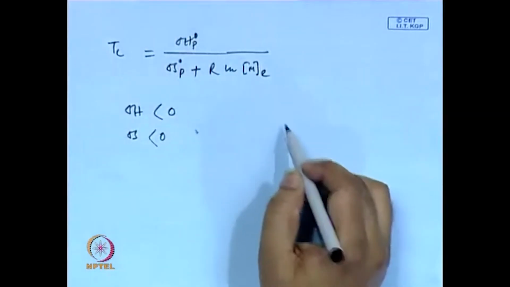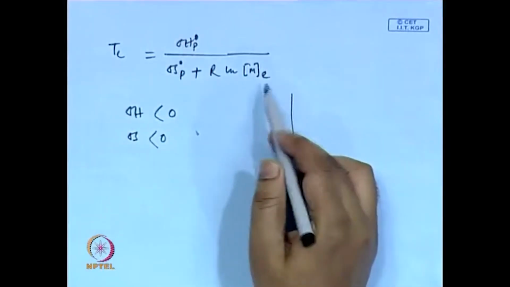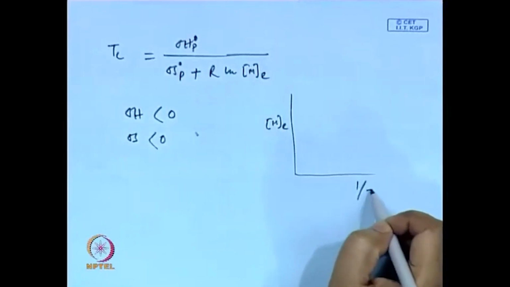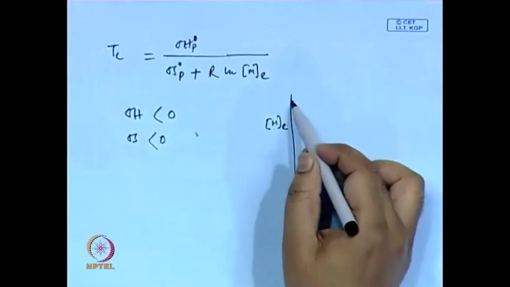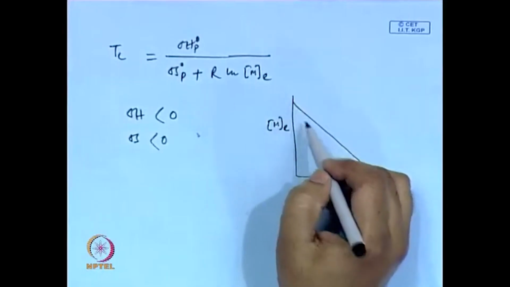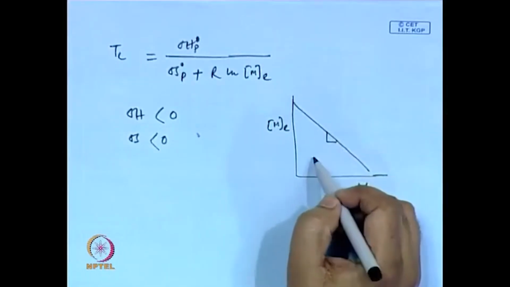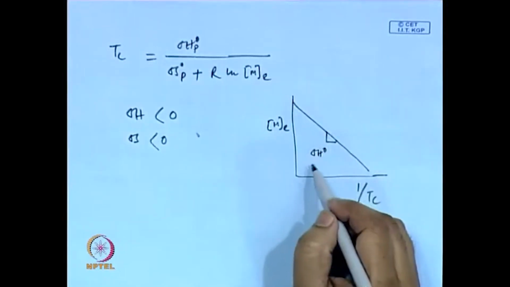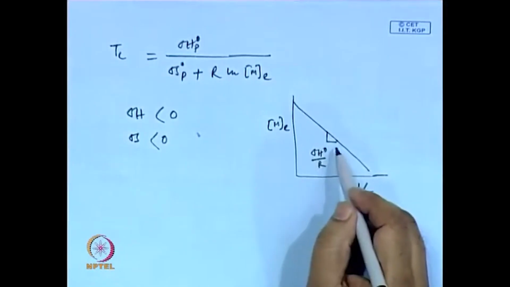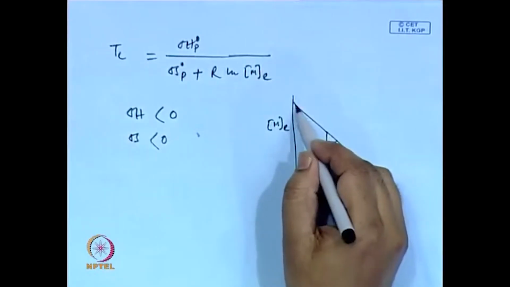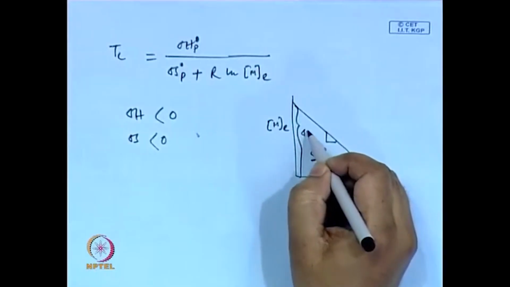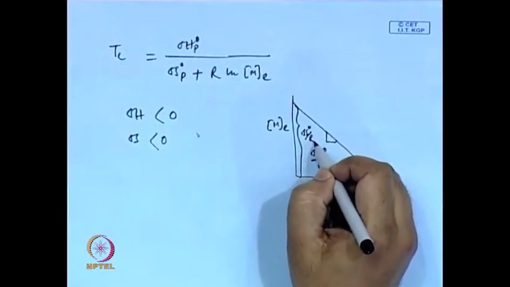So, if we can plot ln Me versus 1 over Tc, from the slope, if you know this by experimental process, we can get these values from the slope, and the intercept is the other term.